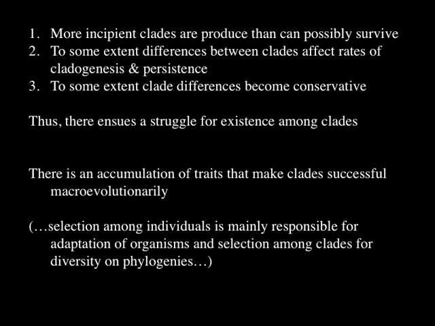And then maybe the thing that I want you most to remember about it is that I generally think that selection among individuals is mainly responsible for adaptations of organisms, how long our teeth are, and how long our necks are, and how many fingers we have, and stuff like that. And then selection among clades is mainly responsible for the diversity on the tree of life. So they kind of address different aspects of life as we know it.